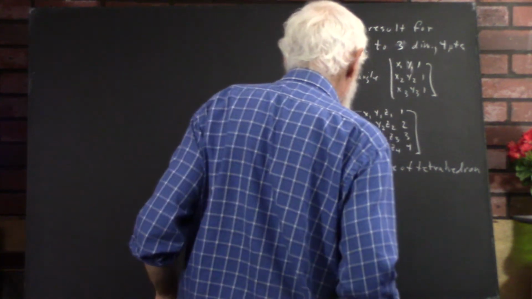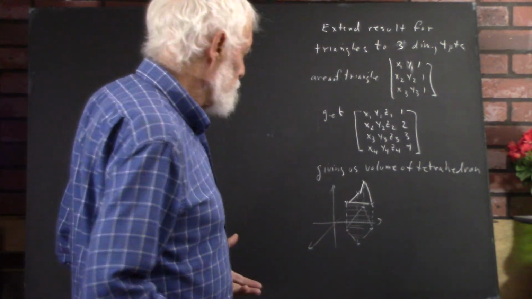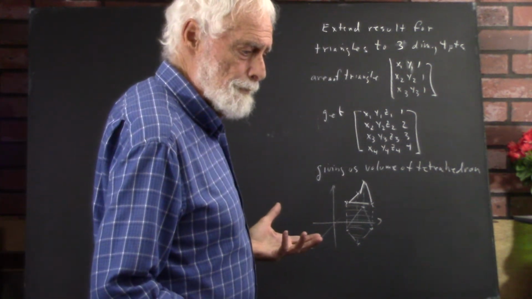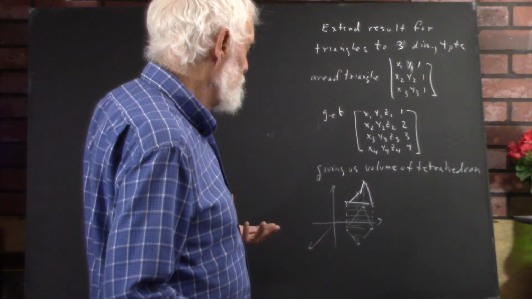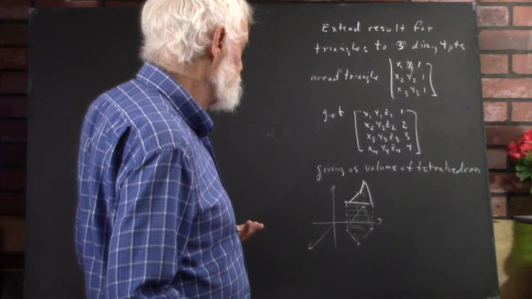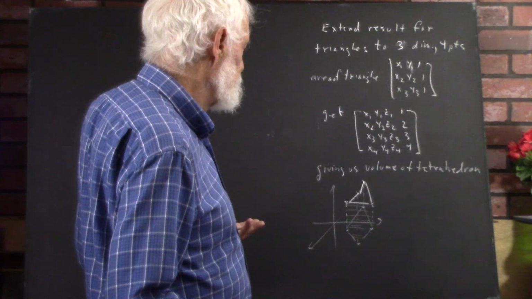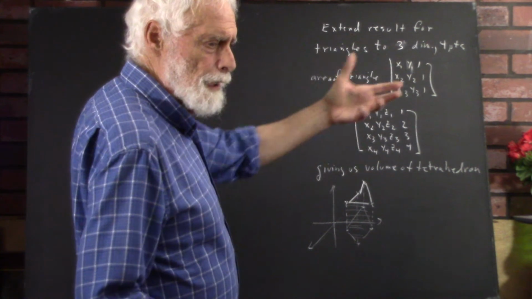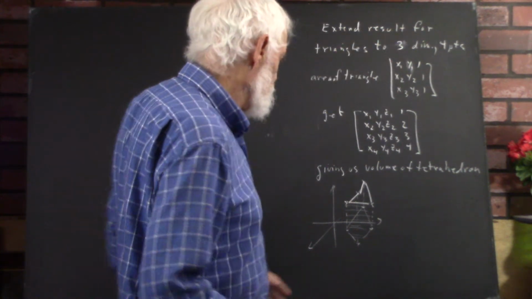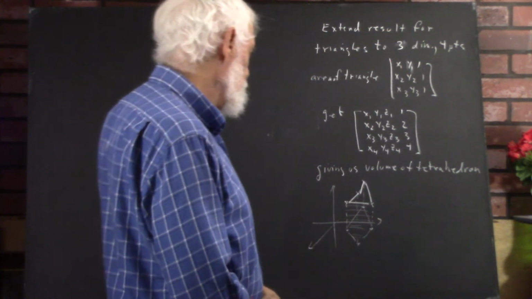Now, what do we know if the volume of our tetrahedron is 0? Well, that means that our 4 points lie on a plane. Now I'm going to just do that by analogy and hand waving.